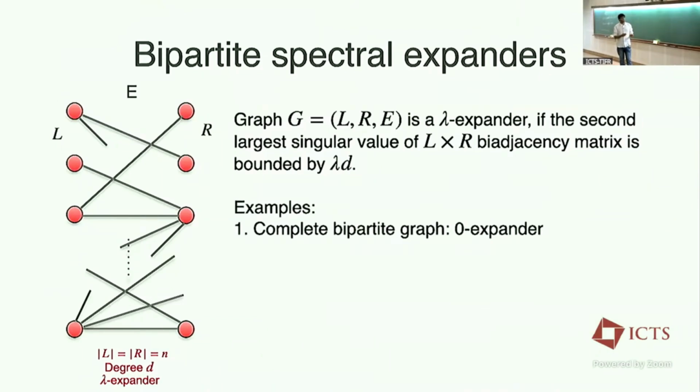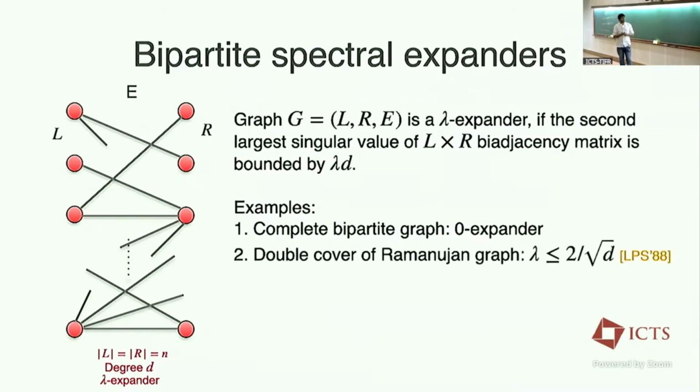The most obvious example of such an expander would be the complete bipartite graph, but it's not super useful because you want sparsity in these graphs. You can take the double cover of a Ramanujan graph, which are fairly explicit expanders, and get a lambda which is roughly 2 over square root d. So if I want a constant small lambda, I need somewhat large d, but it can be independent of n, unlike the complete bipartite graph.